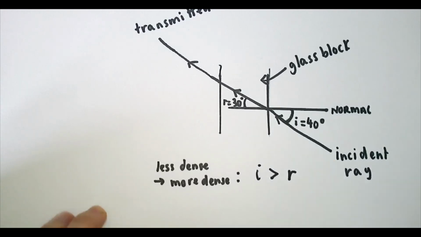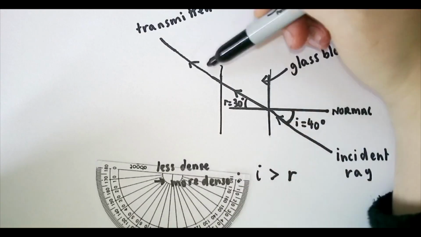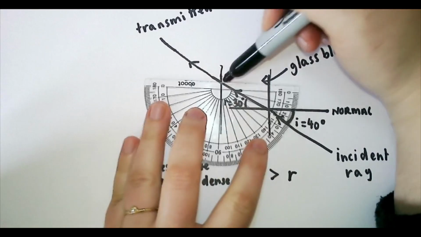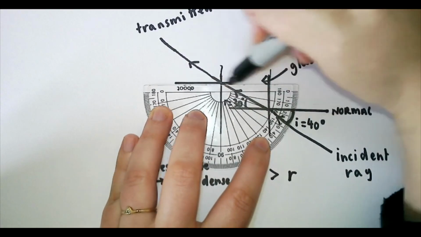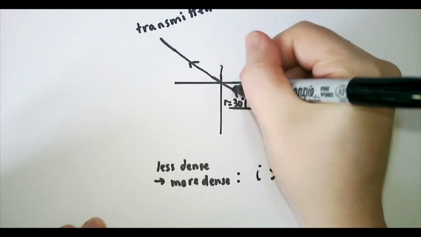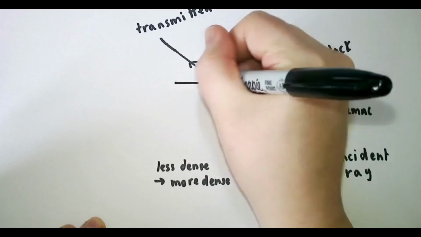You can see that if we have a look at our transmitted ray, the one that comes out of the other side of our glass block, and if we draw our normal line here as well, and we're not going to measure these ones, but there's our incident ray and there's our refracted ray.